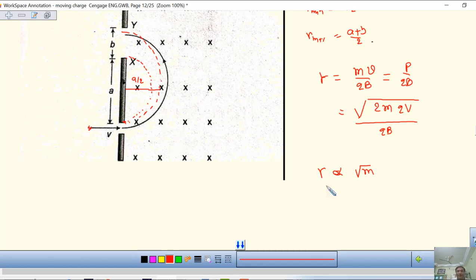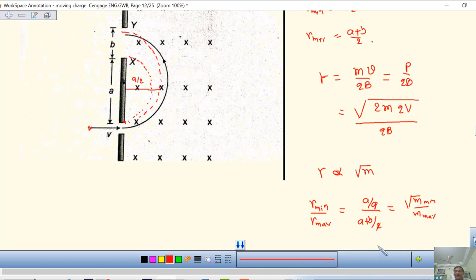So r minimum upon r maximum is equal to what? r minimum was a by 2, and maximum was (a plus b) by 2, which equals root of m minimum upon m maximum.